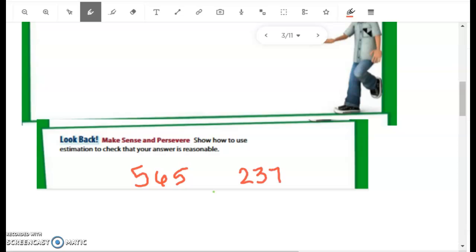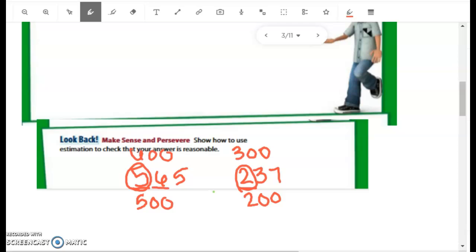Remember, when we estimate, we can round. And I'm going to be rounding to the nearest hundreds place. So I'm going to circle that place value, and it's either going to stay or it's going to get a shove. So this one's either going to stay 500 or it's going to get a shove to 600.